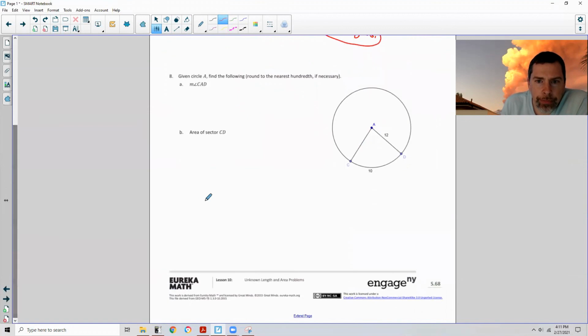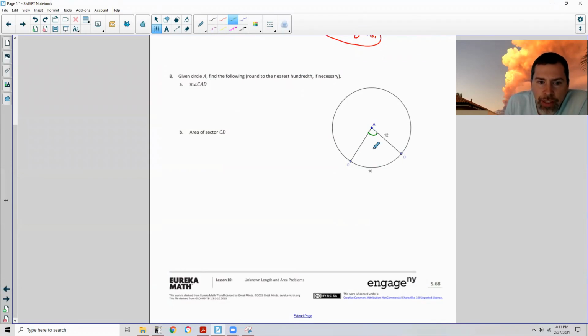Number 8. Given a circle A, centered at A, find the following, rounding to the nearest hundredth if necessary: the measure of angle CAD. We have a radius of 12 that we know. We have an angle here we don't know. We have an arc length of 10.